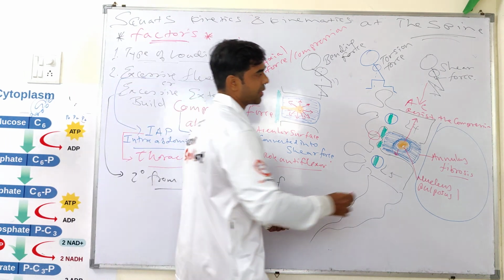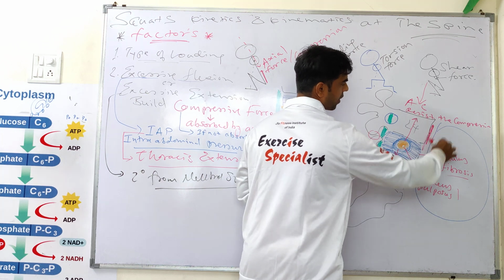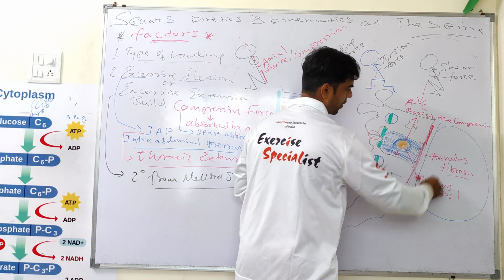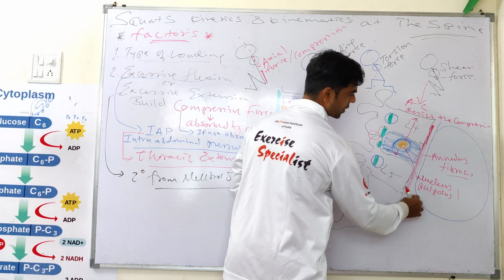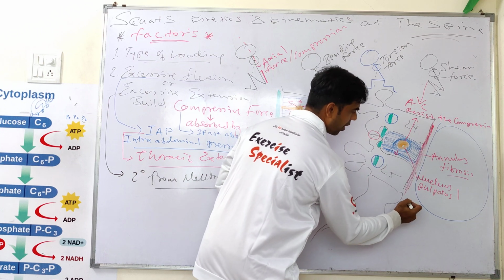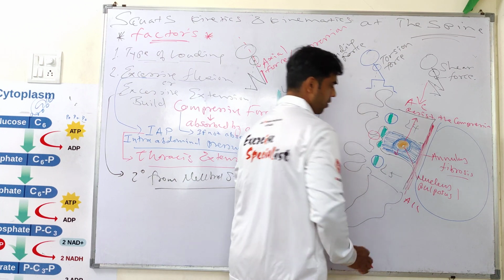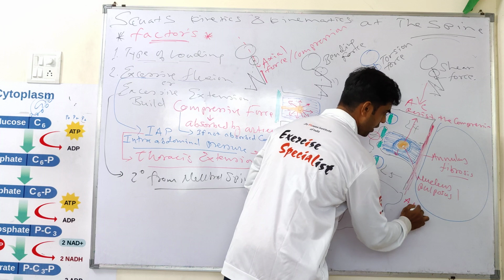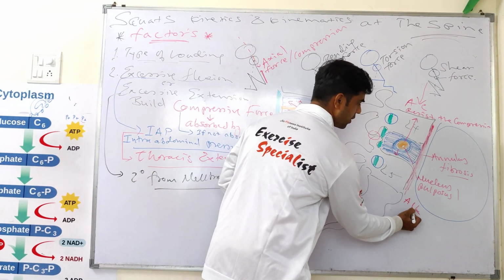One ligament is present anteriorly. This ligament is called the anterior longitudinal ligament, right?